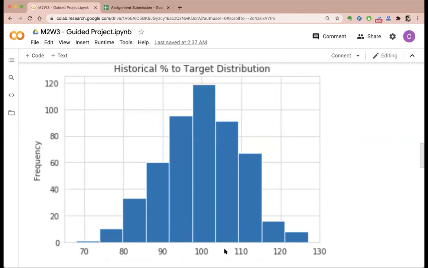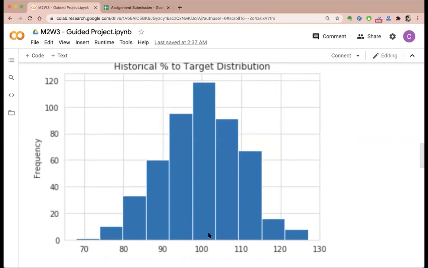The majority of people have achieved 100% of targets in the past. Some people have achieved 70, some have achieved 30. So start concluding, everyone.